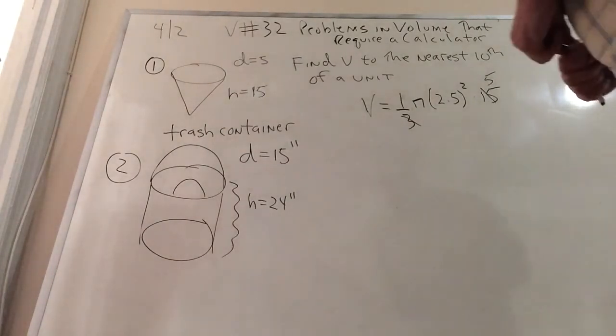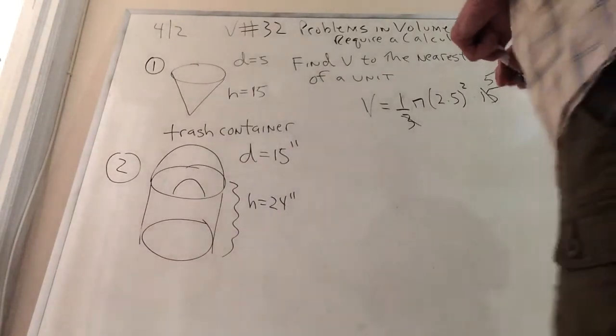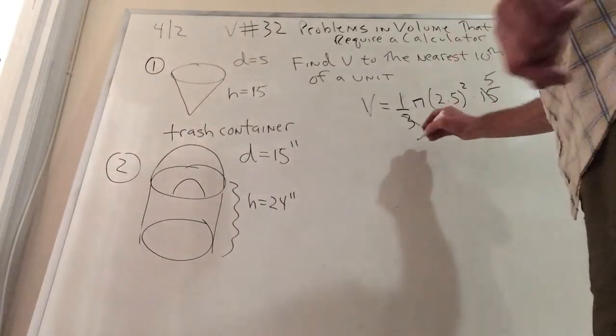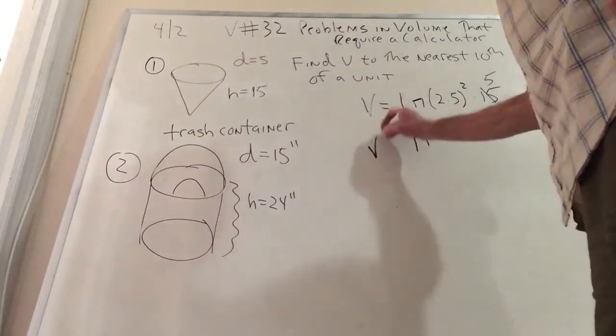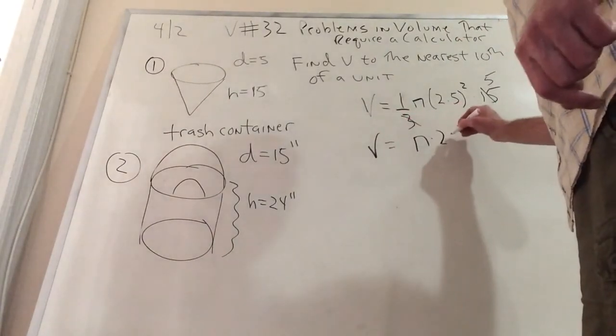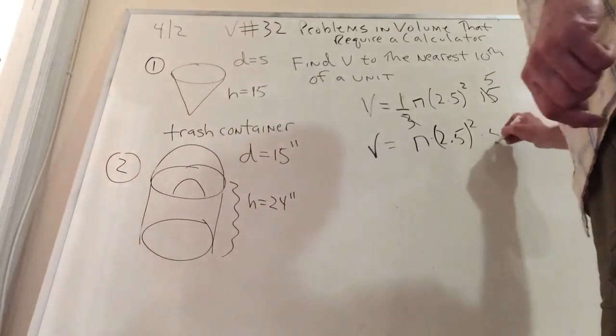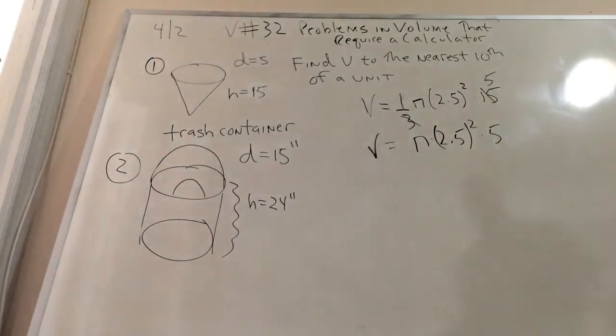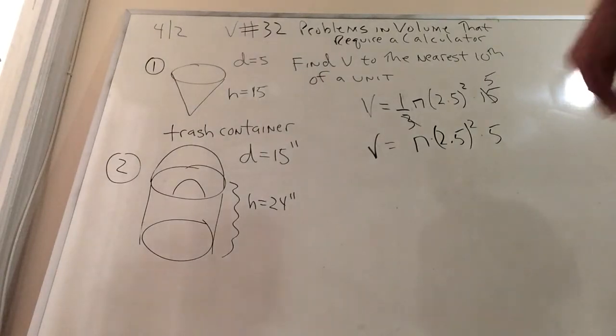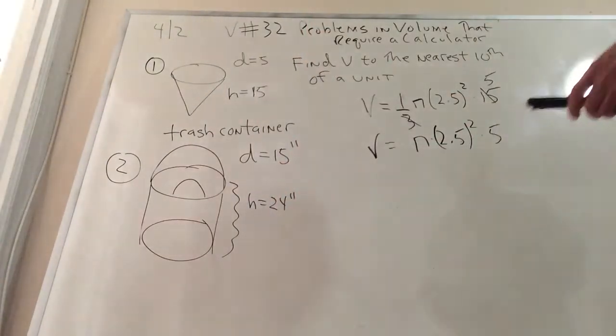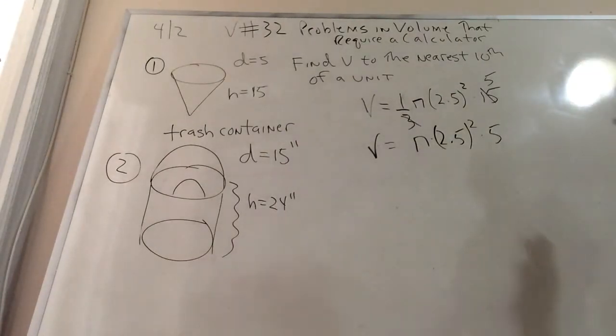So we write out the volume here, and then we come up with V equals pi times 2.5 squared times 5. And there we go, and I'll round that to a 10th, and then you guys will be able to see that it's just the calculator.